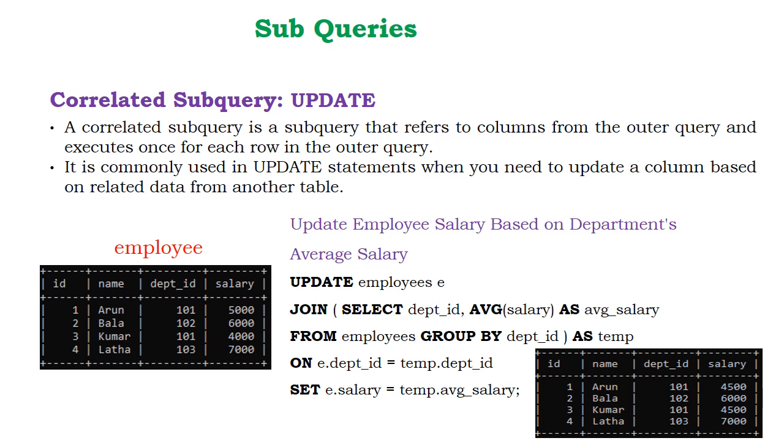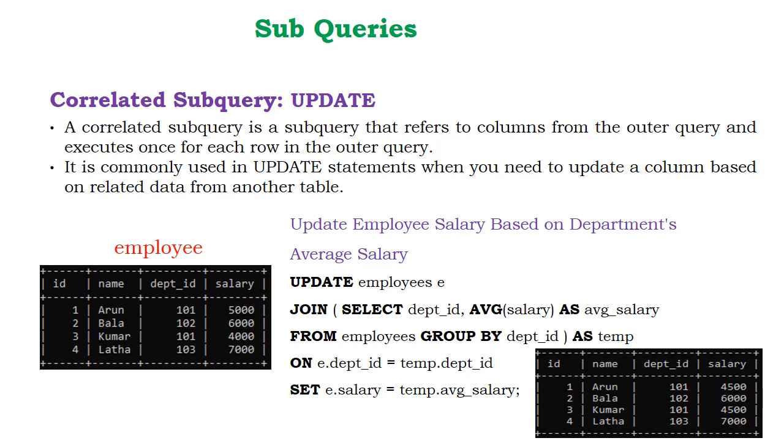Update employee e join, within the parenthesis, select department ID, comma, average of salary as average salary, from employee group by department ID, as temp on e dot department ID equal temp dot department ID, and set e dot salary equal temp dot average salary.